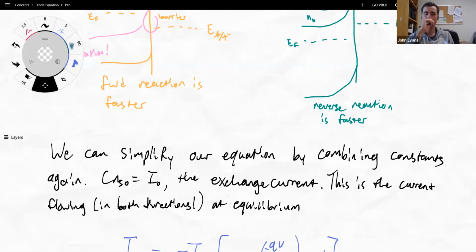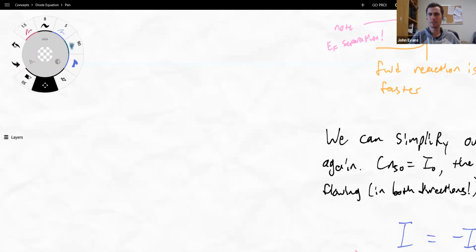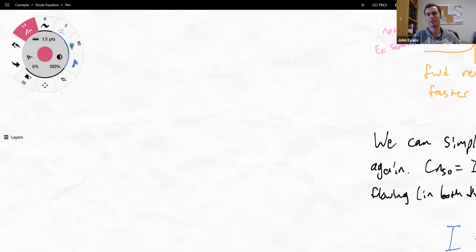We can simplify a little bit more. So we're going to combine some constants again. We're going to say that C multiplied by N_S^0 is equal to I_0, or I naught, which we're going to call the exchange current. So that's the current which is flowing at equilibrium. Now, it's a kind of confusing thing to say, because when we say there's no net reaction rate, there are still reactions going on.